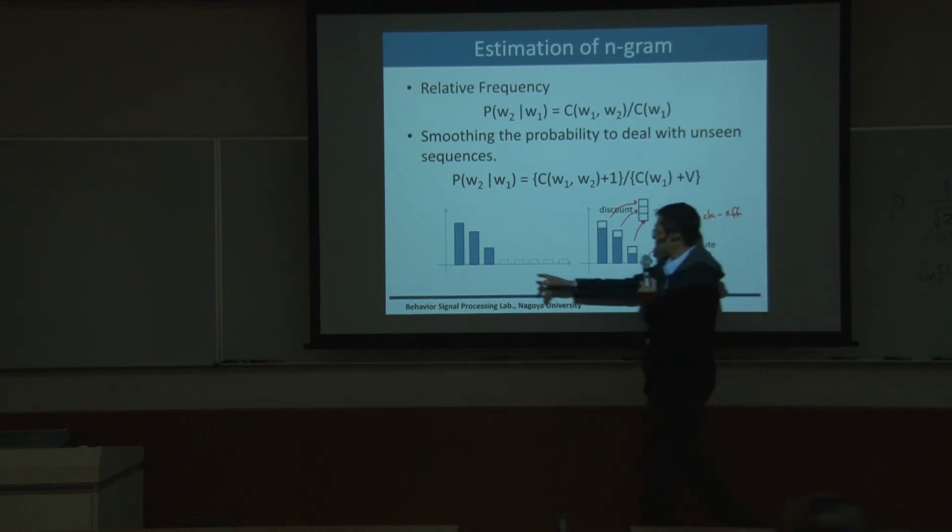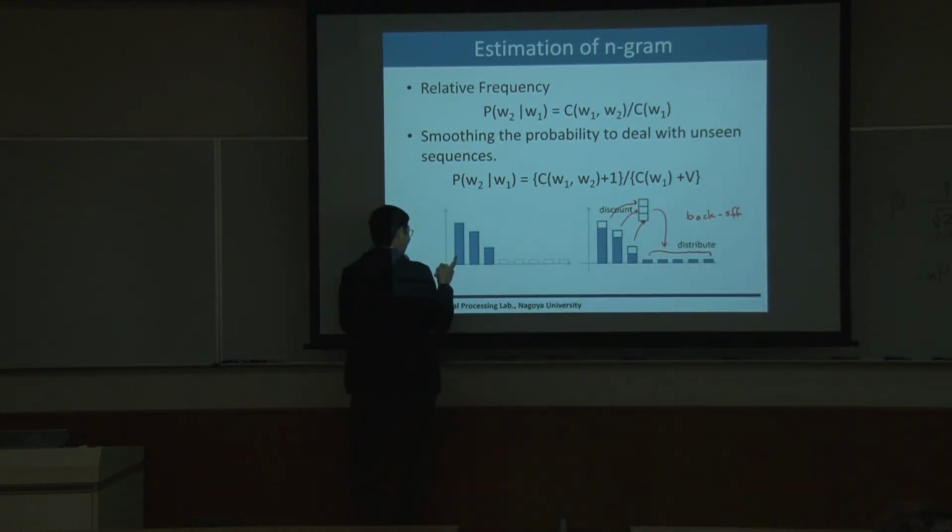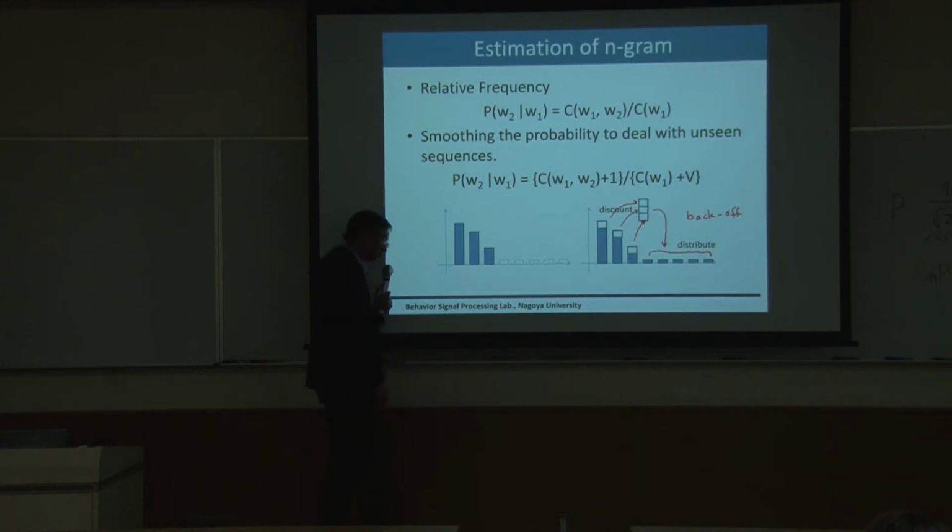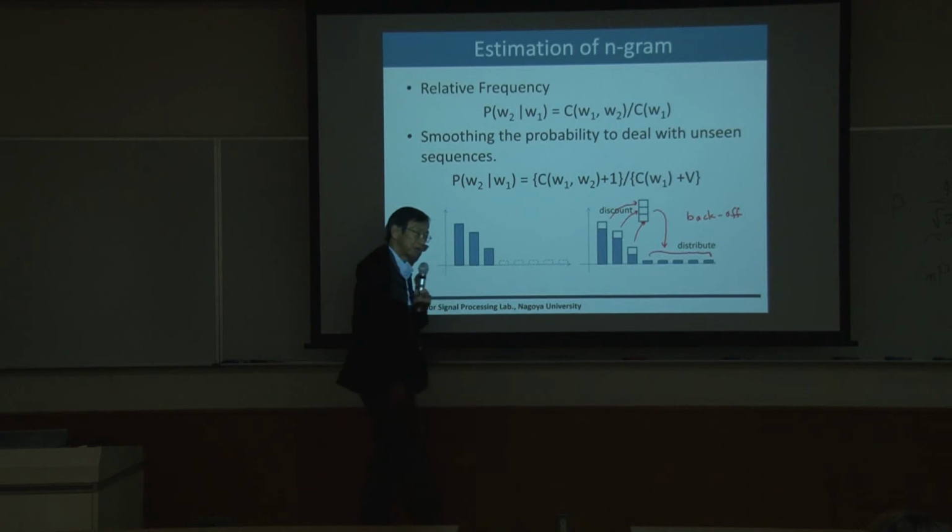So you count in the real corpus 180, 50. So in total, you have 250 observations and 0, 0, 0, 0, 0.